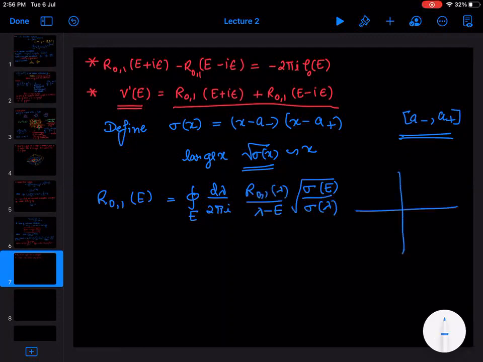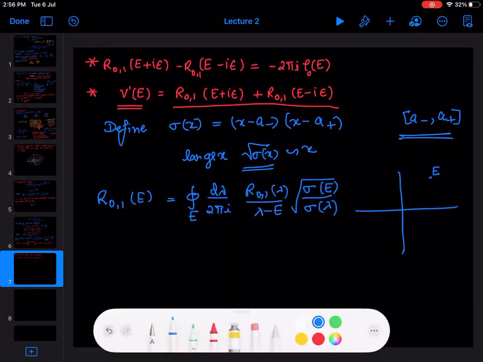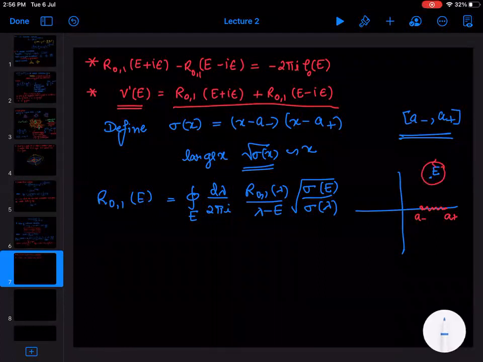Let me just draw a figure here. Let's say this is some point E, and here is my support, a minus, a plus. We know that this resolvent has a branch cut between a minus and a plus. So what I'm doing is taking a contour about this point E. Now, if you look at the expression of R_{0,1}(lambda), this is the integral of d lambda prime rho(lambda prime) over (lambda minus lambda prime).